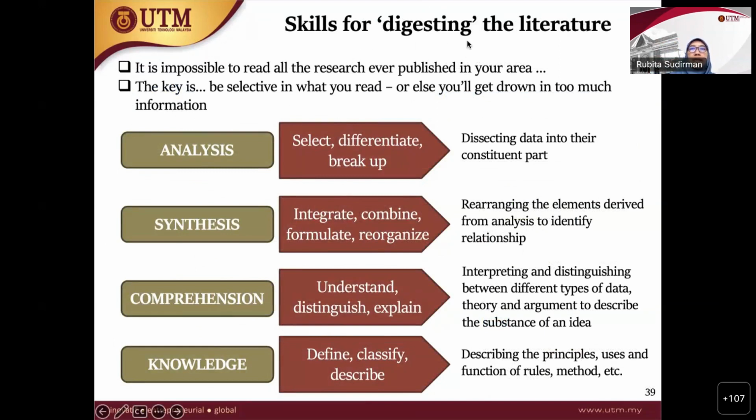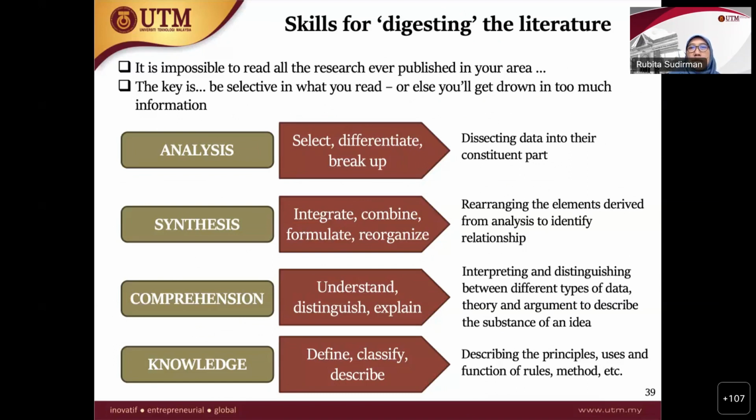Some skills to digest the literature. Why? Because you have a lot of papers that you have to read for your LR, for your literature review. So it is impossible to read all the research ever published in your area, right? You can agree.